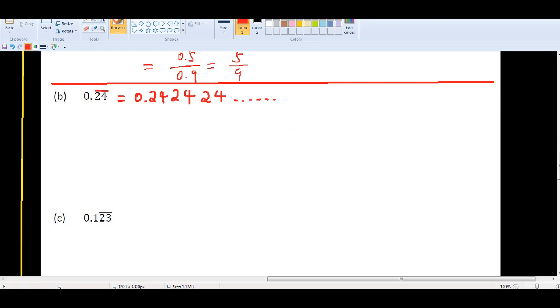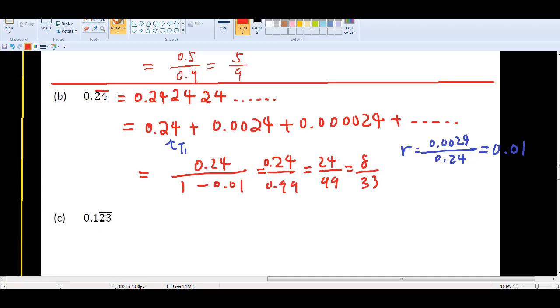Okay, let me give you some time. I pause here. Okay, let me show you the answer. Can you see that? This time, because there are two recurring digits, you need to have a double zero to replace the two digits. And because you use a double zero, the common ratio, the second term divided by the first term, becomes 0.01.